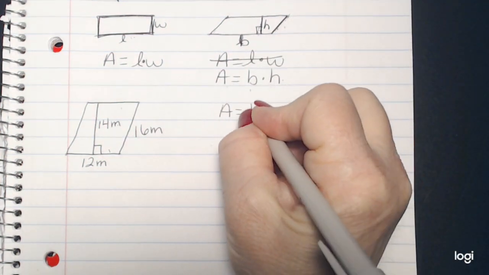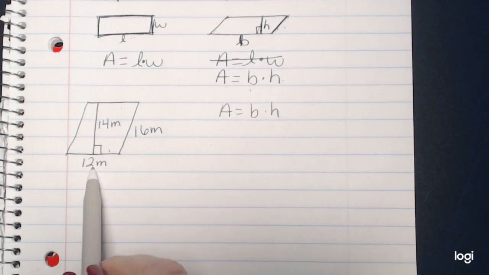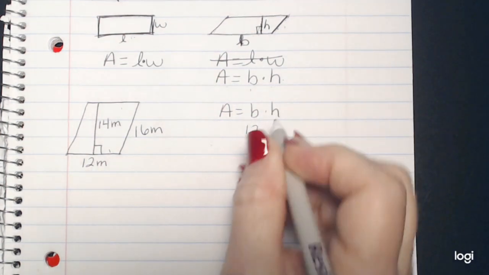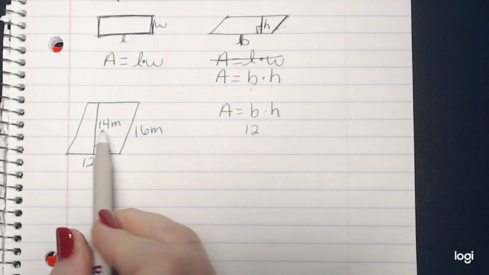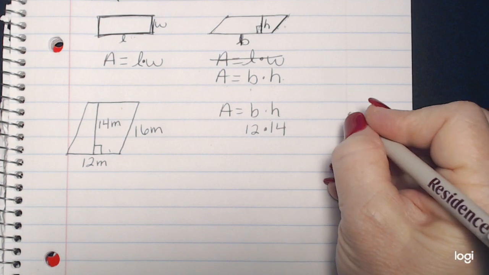So you would write the formula area equals base times height. You would substitute in for base using the number 12. You would substitute in for h using the number 14. And you would multiply those two numbers.